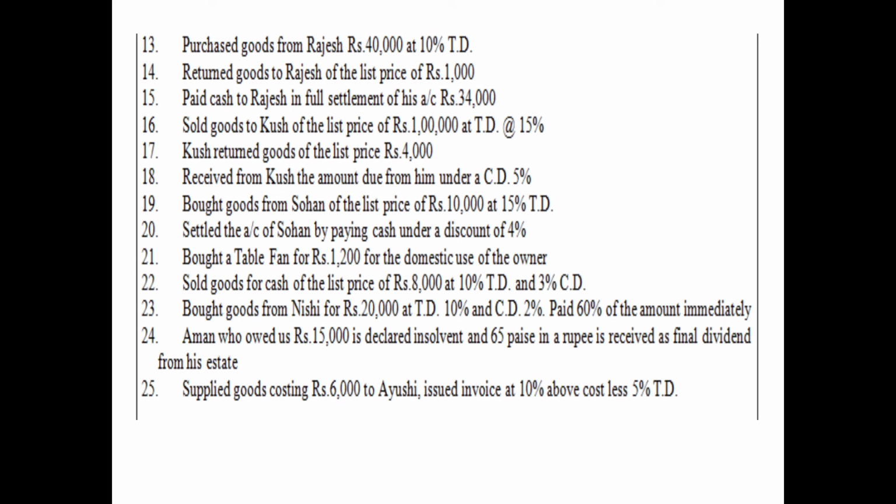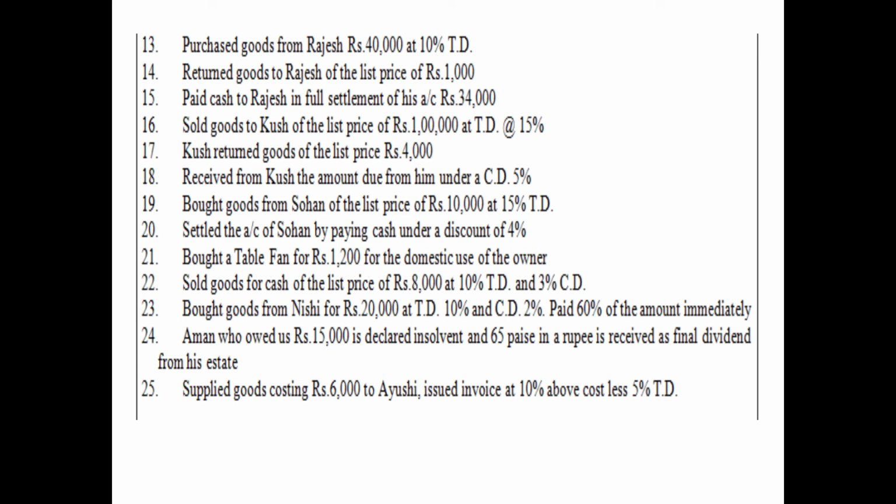On this, because this is the case of sales, the business has also allowed the 3% cash discount. So 3% of 7,200 will be 216, and since this is discount allowed, it will carry a debit balance. So 7,200 was the ultimate sales price after deducting trade discount, out of which the business has given 216 rupees also as cash discount.